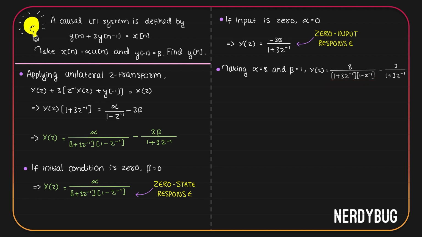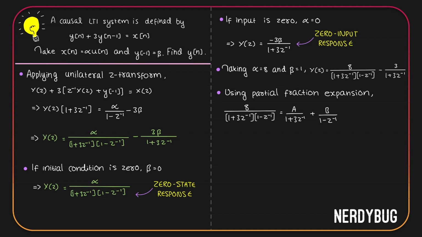We'll have to apply partial fraction expansion there. We have to write it in the form a by 1 plus 3 z inverse plus b by 1 minus z inverse. First, let's find a. A is limit z tends to, the pole corresponding to a is minus 3.